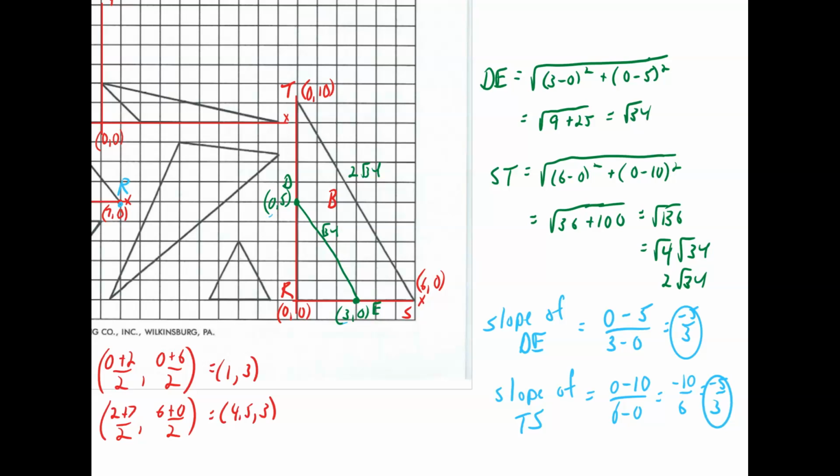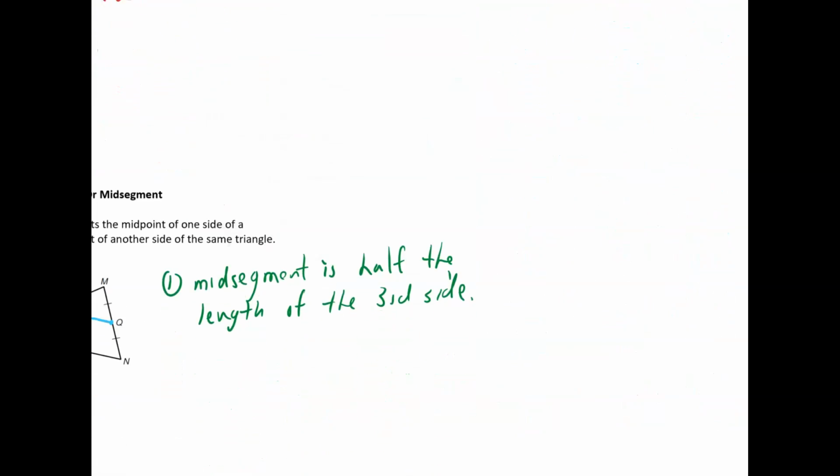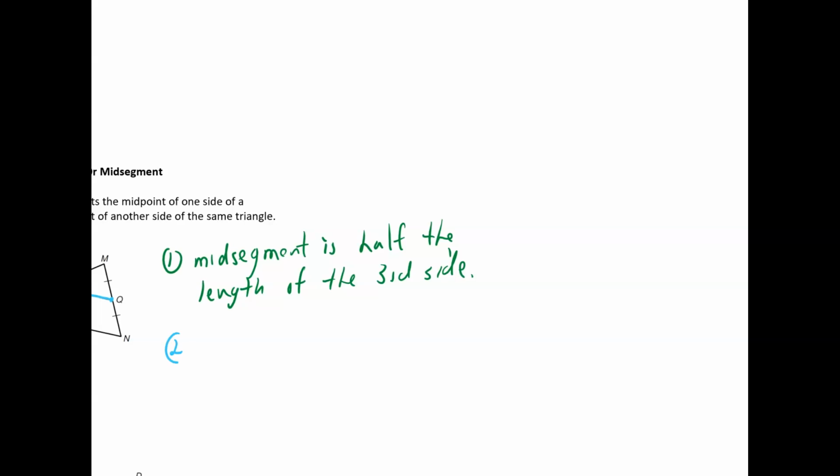That gives us our second rule about midsegments, and that is, number 2, the midsegment is parallel to the third side.